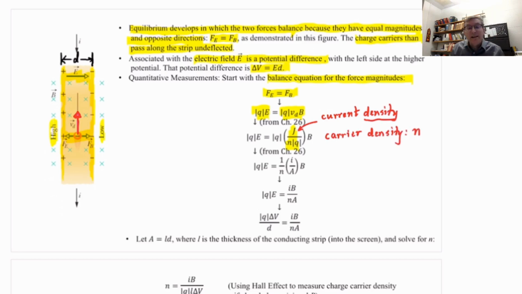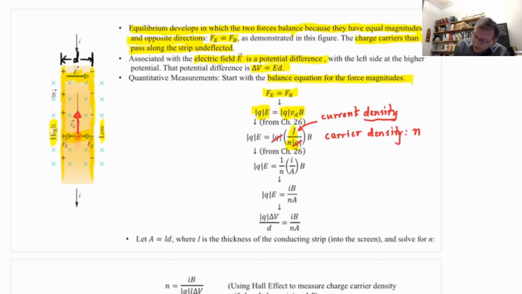That's what that symbol N is: the number of carriers, conduction electrons, per unit volume, and the magnitude of the carrier charge, magnitude of Q. Of course, then I see that on the right-hand side, this factor of Q magnitude and that one cancel.